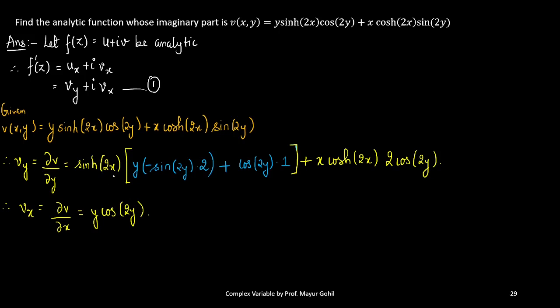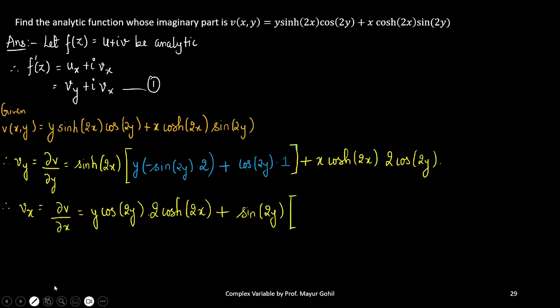Now when we take the derivative of sinh x, it is going to be cosh x. After that we go for taking the derivative here. Here sin 2y is constant, and now comes the product rule with respect to x.